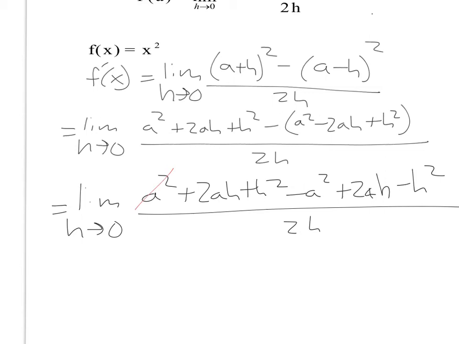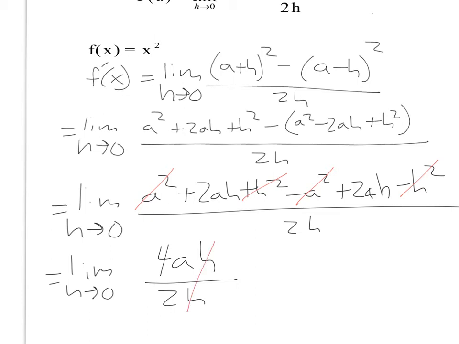And now we can see, hey, I have an a squared minus an a squared. That's nice. Get rid of that. H squared minus an h squared. Get rid of that. And so I'm really just looking at the limit as h approaches 0 of 2ah plus 2ah. These things are exactly the same, so we're just going to make that 4ah over 2h.